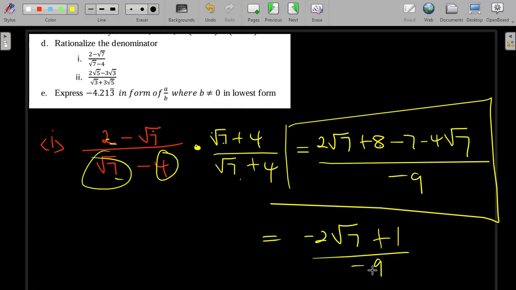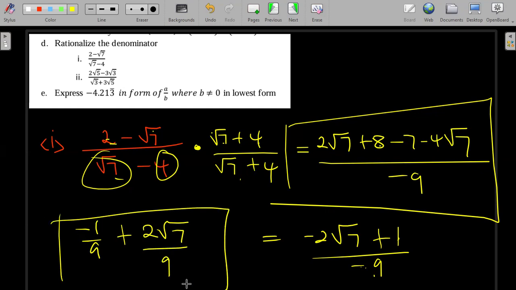This minus 9 divided into this gives me minus 1 over 9, and then minus 9 divided there will be plus 2 root of 7 over 9. So if you want, you can express your answer in this form.